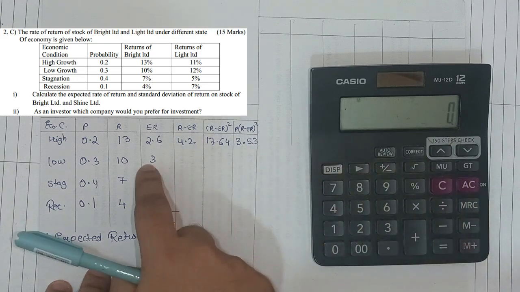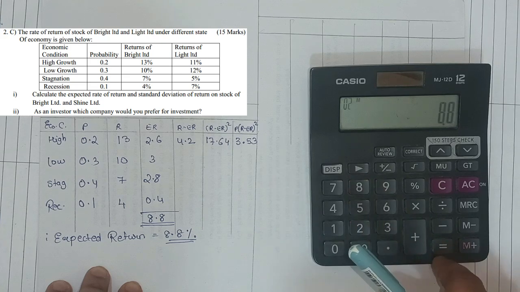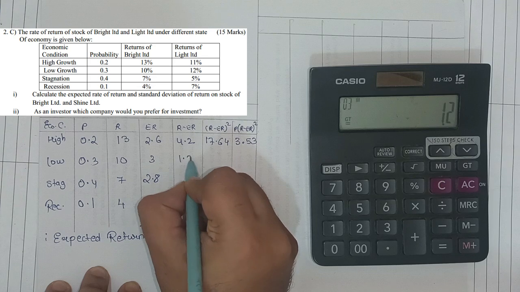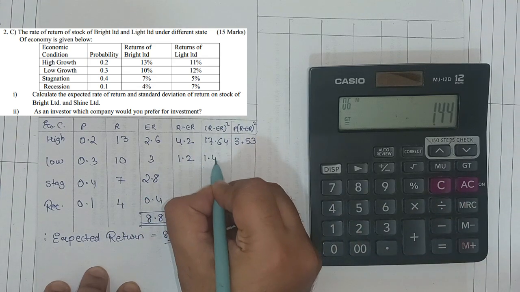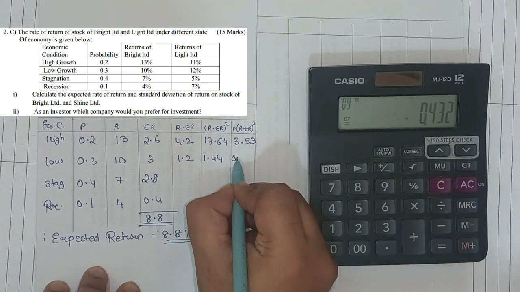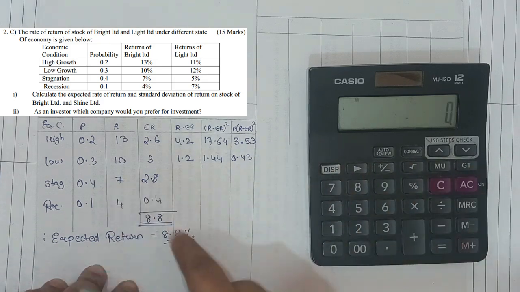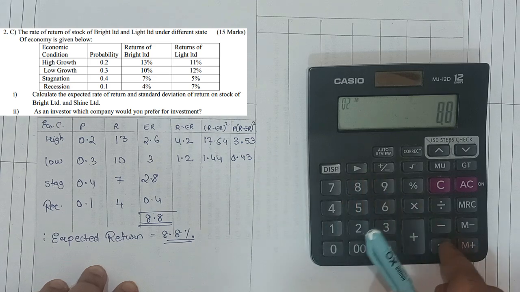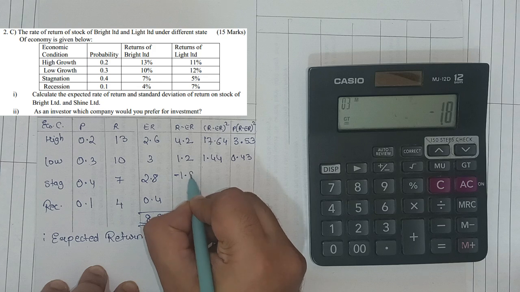Same way, next 10 minus 8.8. It is 1.2. The square of that is 1.44 into the probability 0.3. So that becomes 0.43. Next 7 minus 8.8 is negative 1.8.